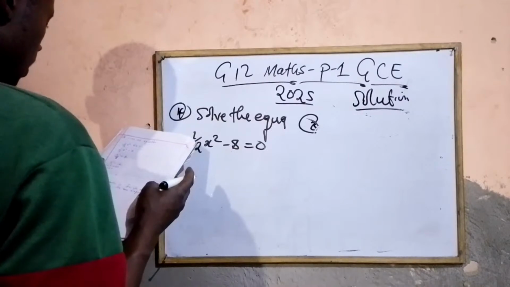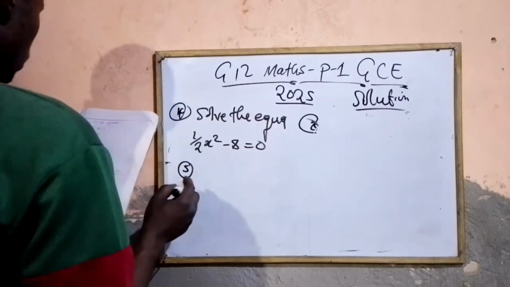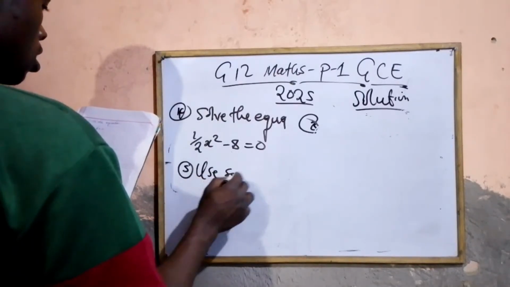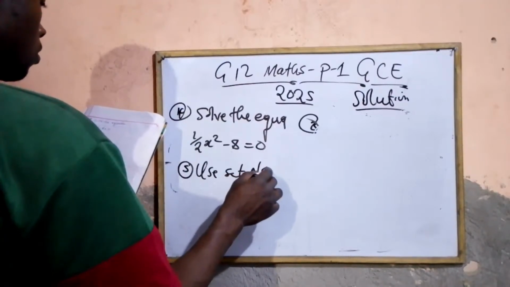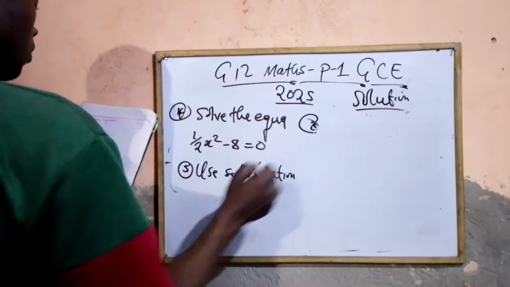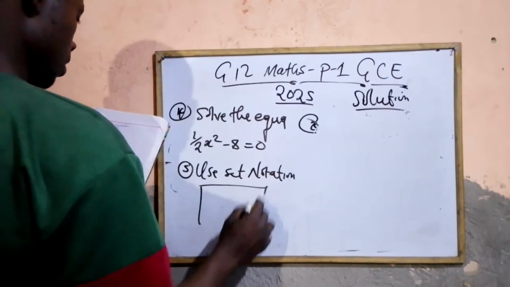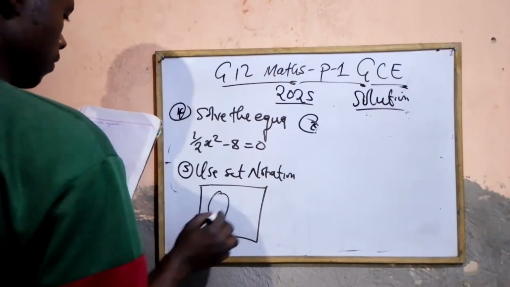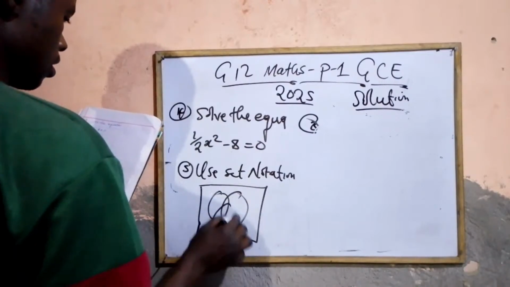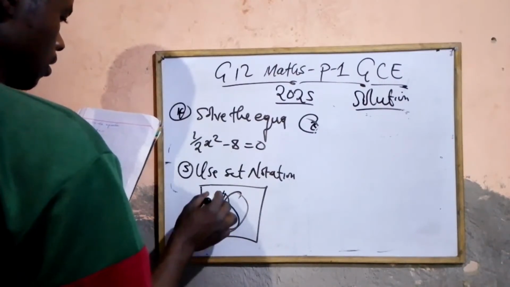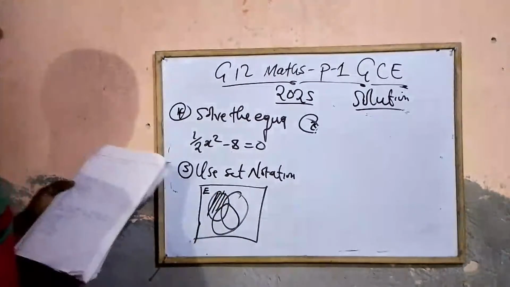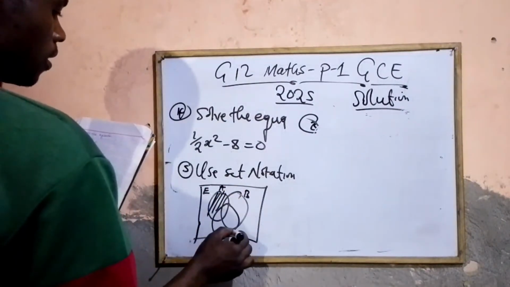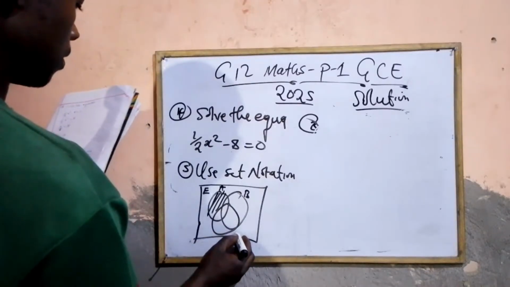And for question 5 we are told to use set notation to describe this information which is in the Venn diagram. We have things like this, and here it is shaded, and here we have A, B, C.